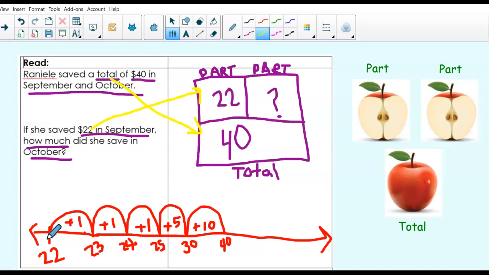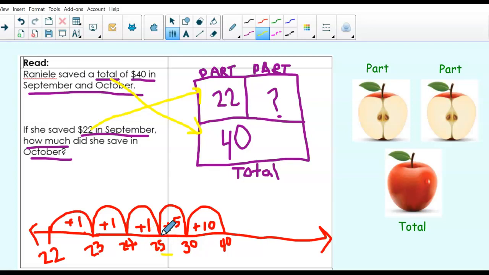Here we go. 22 plus 1 is 23. 23 plus 1 is 24. 24 plus 1 is 25. Up, there's our friendly number. Whenever there's a 5 in the ones place, jump a 5 so we can get to a tens place number.